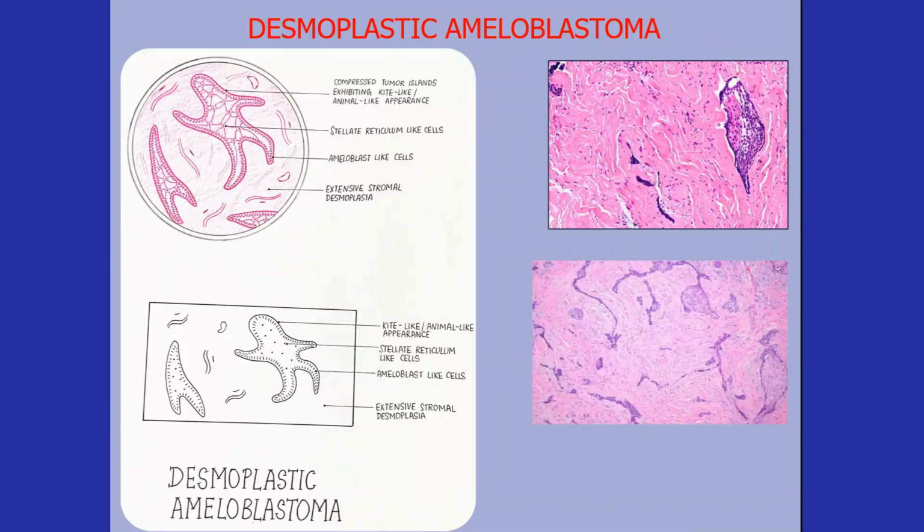There is a picture which will help you understand. Can you see this picture? Here, the follicles are not like round follicles. They have become thinned out, and cords can be appreciated and strands can be appreciated. So this is a picture wherein the histopath of desmoplastic ameloblastoma has been drawn.